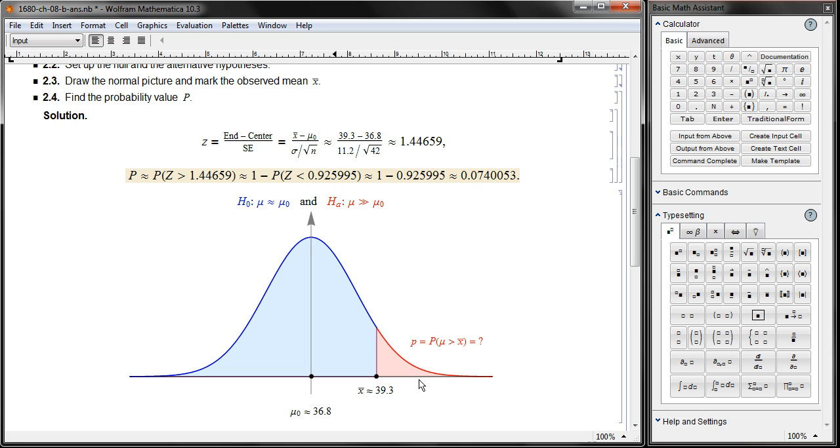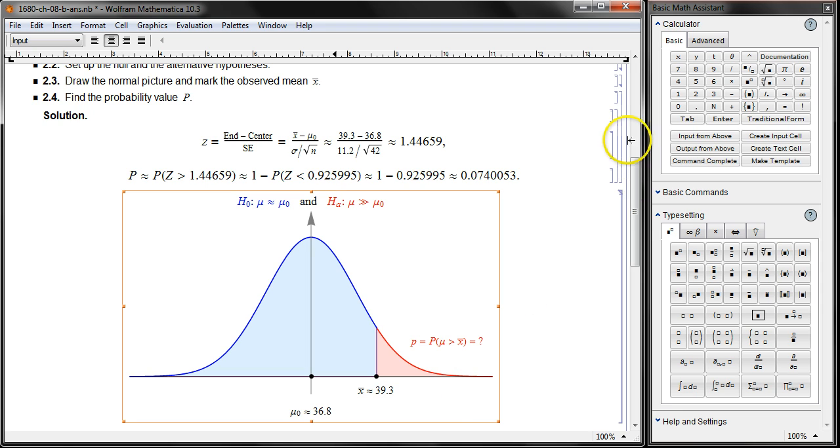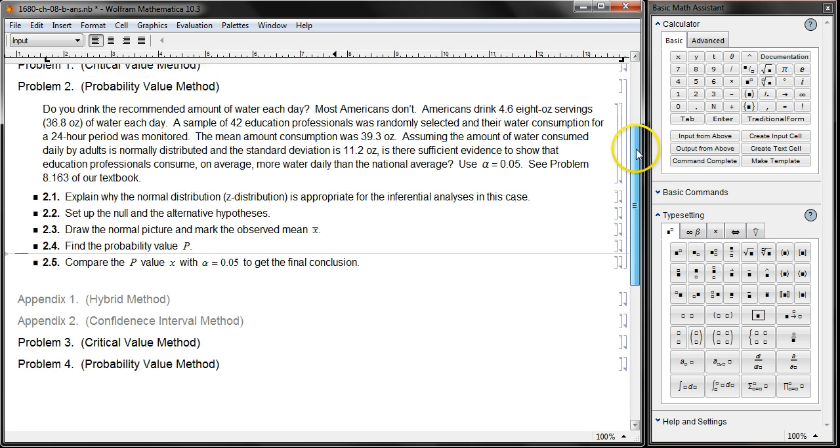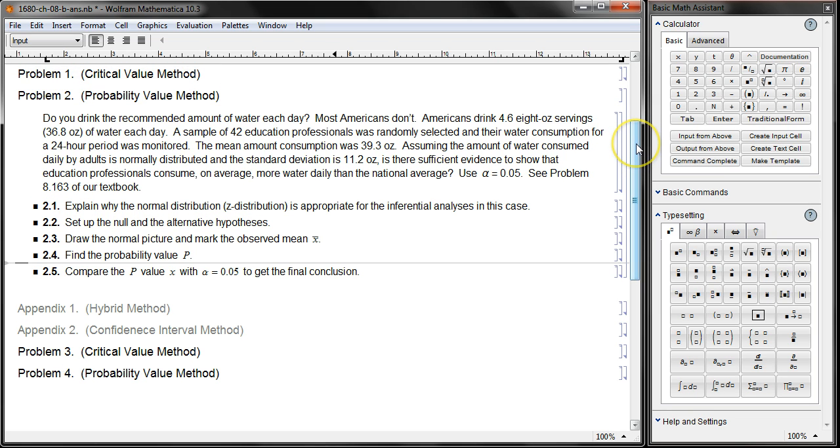What does that mean? This measures type 1 error. The probability of type 1 error is too big, bigger than alpha. So does it mean H0 or HA? A little bit confusing. Well, that's the nature, I'm afraid. That's the nature of the probability value method. And I think that is the reason why the students who used probability value method generally scored lower than the students who used critical value method.